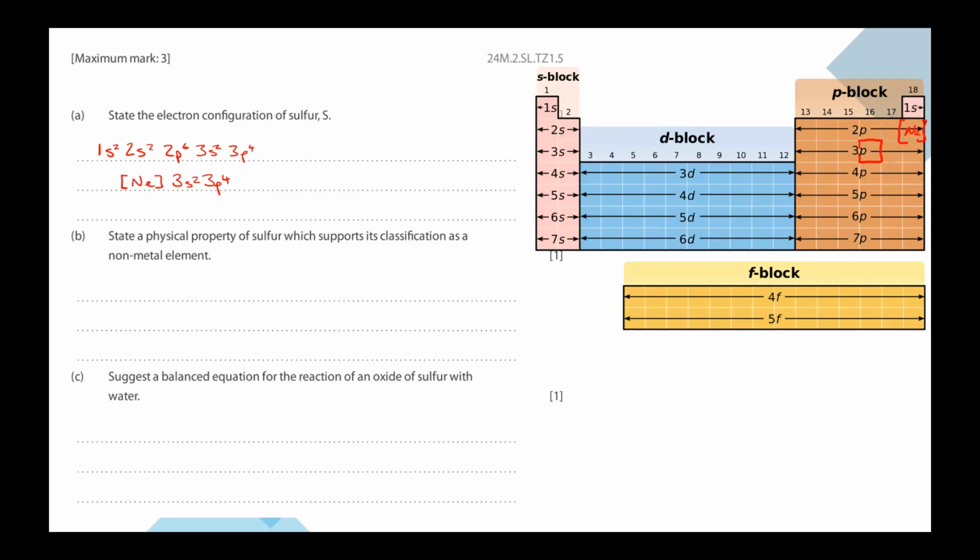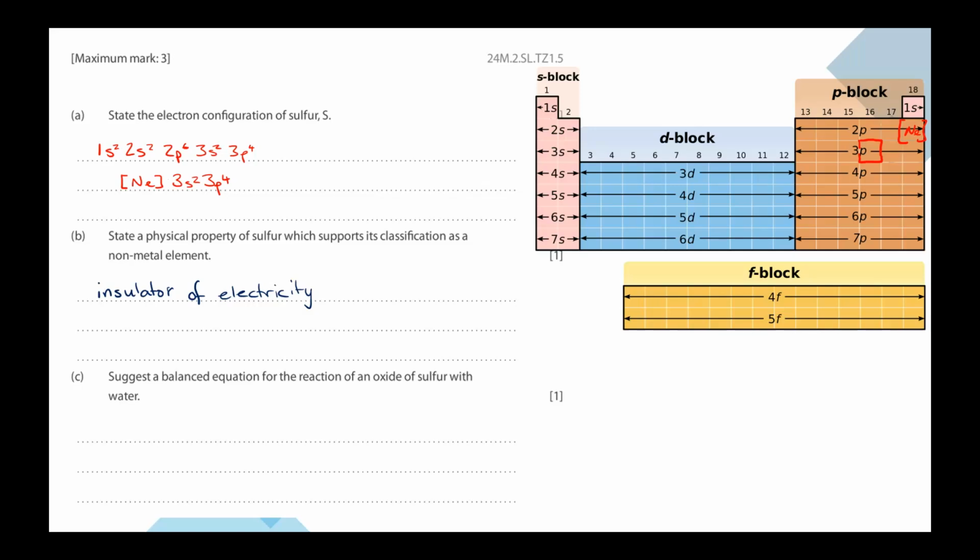All right. State a physical property of sulfur which supports its classification as a non-metal element. When somebody's asking you if it's a metal or a non-metal, I nearly always go for its insulator status. So insulator of electricity. Of course, you can't use that when you're talking about carbon. When you talk about carbon, you talk about it being brittle and so on.